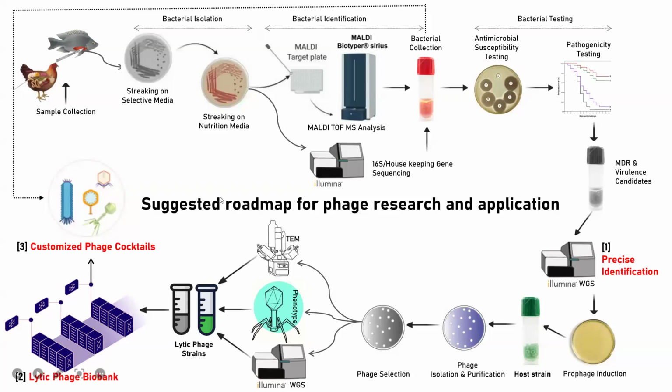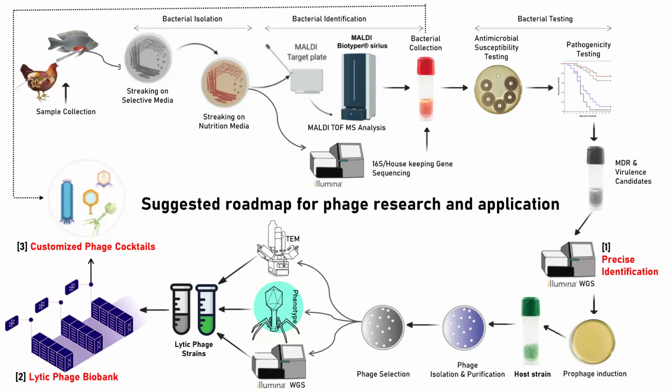So after we have the lytic phage biobank, we can make a customized phage cocktail. What is a phage cocktail? A phage cocktail is a mixture of bacteriophages. When we mix the bacteriophage strains together, we can control the co-infection of bacterial infection in the animal.